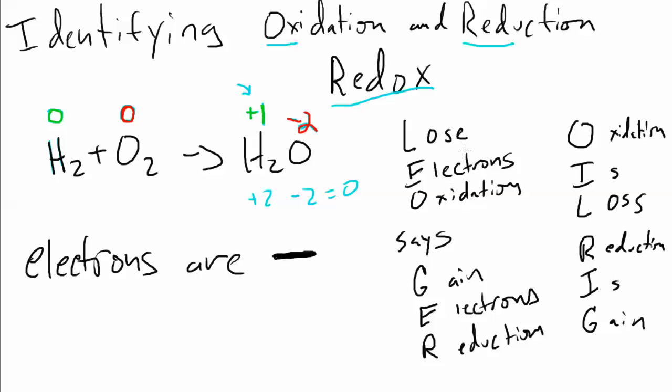So lose electrons is oxidation. It looks like hydrogen lost electrons. So in this reaction, hydrogen is oxidized, and then gaining electrons is reduction, and so then oxygen is reduced.